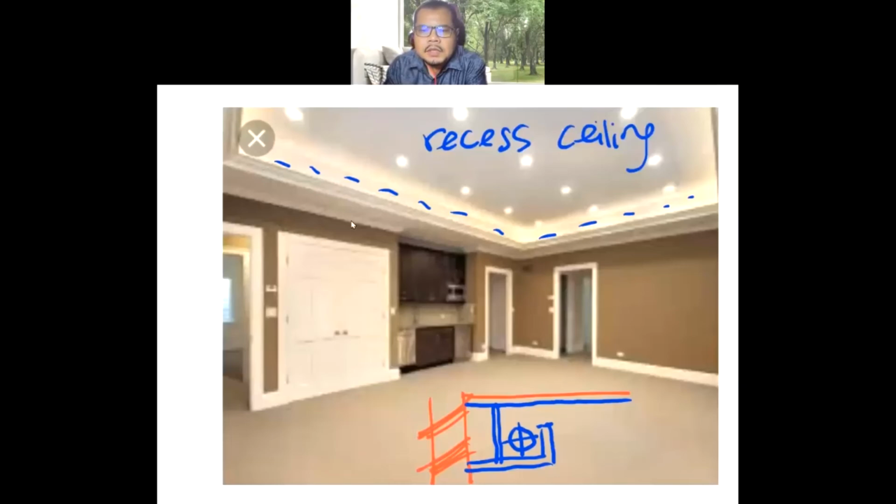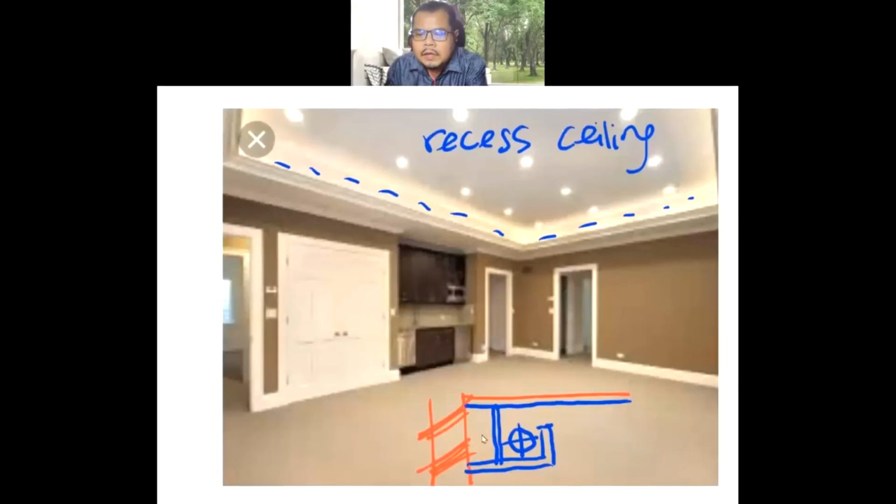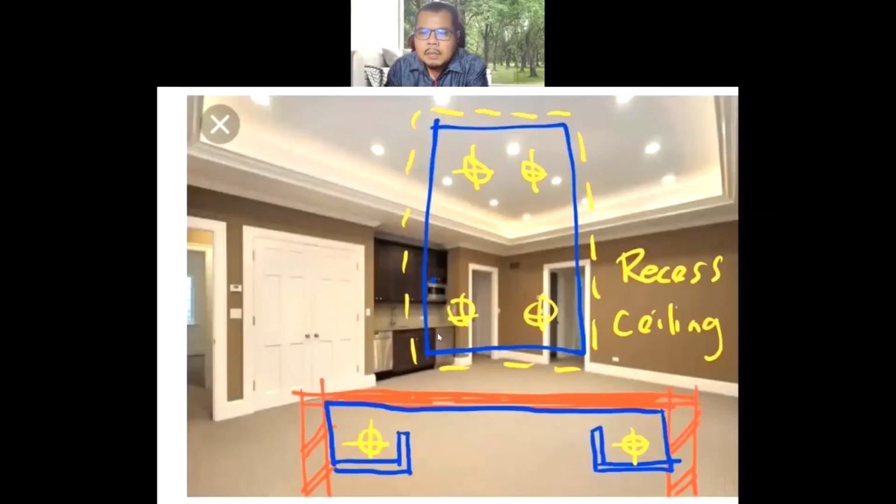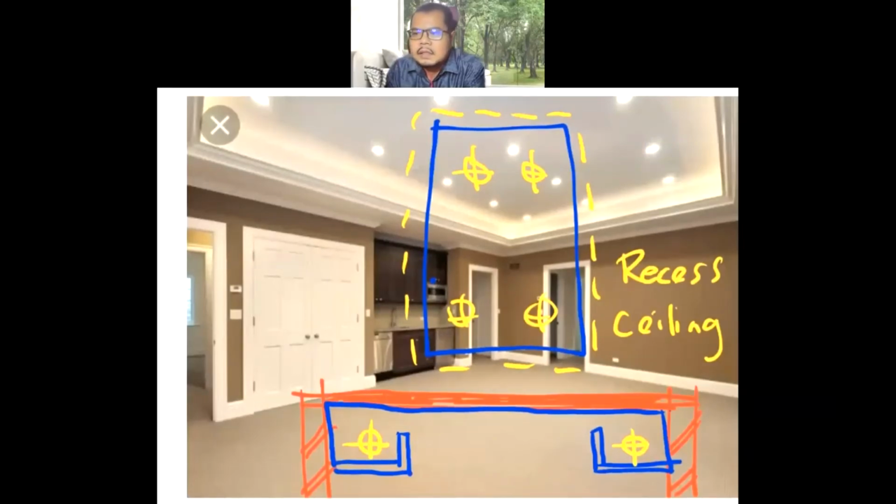Okay, recessed shielding means dia punya perimeter dekat keliling akan turun bawah. So from the section wise, you akan nampak the upper level and the lower level, and the lighting dia sebelah dalam. So macam mana dekat plan dia? Beginilah.